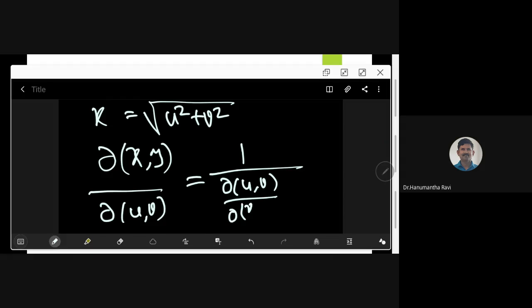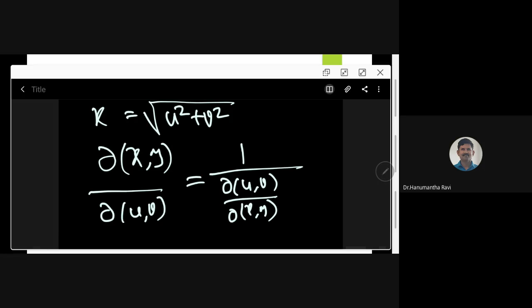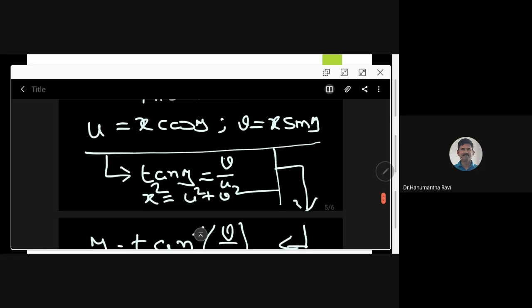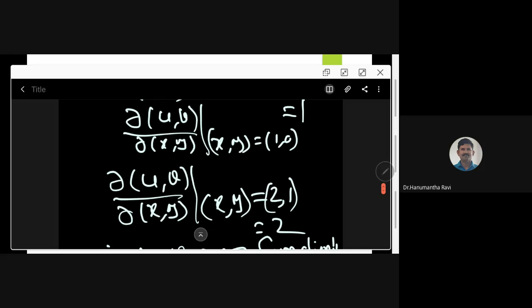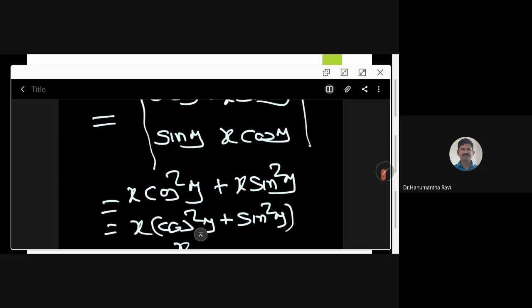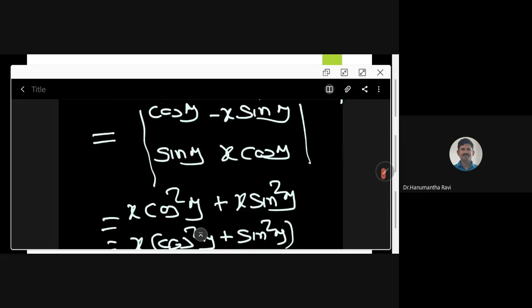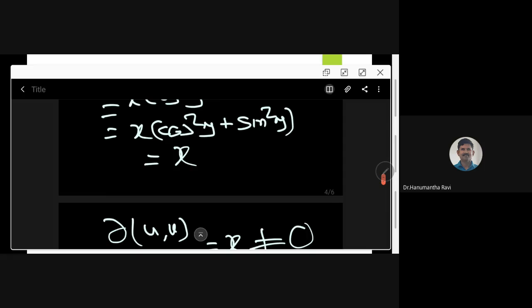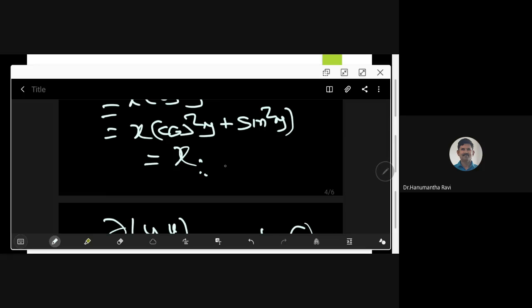We already found the dou uv by dou xy here. See here, we have found that dou uv by dou xy is equal to x.